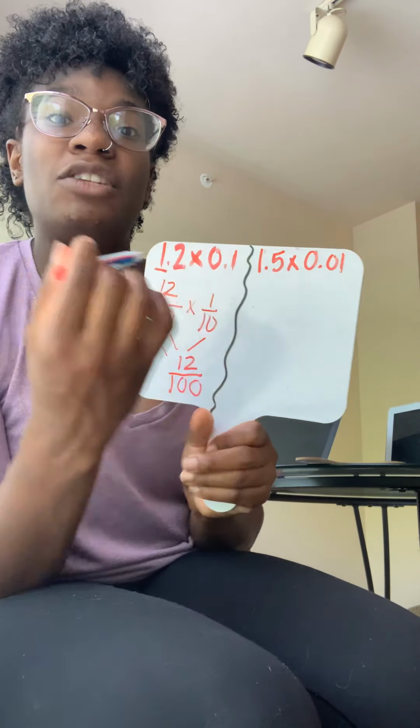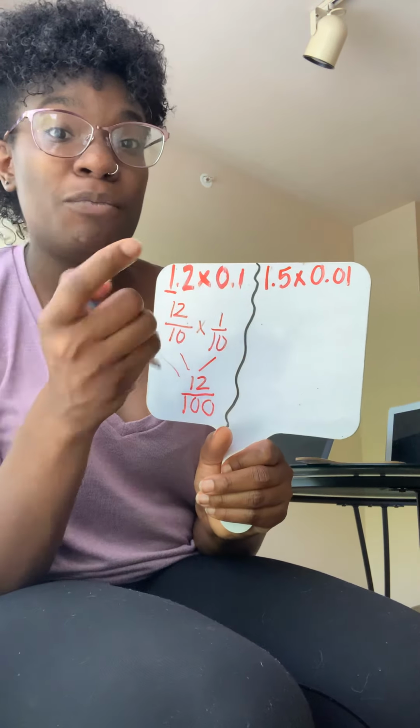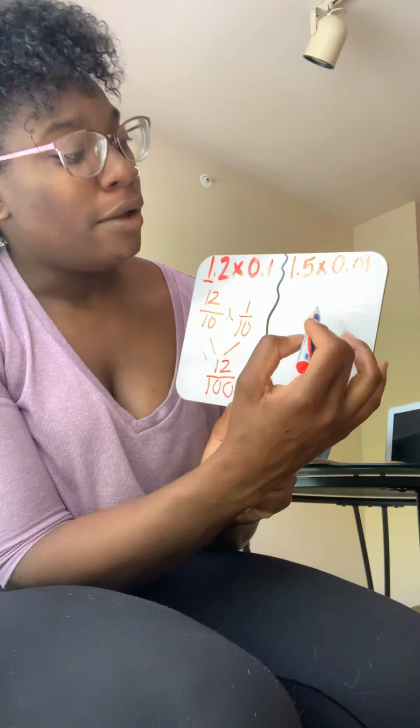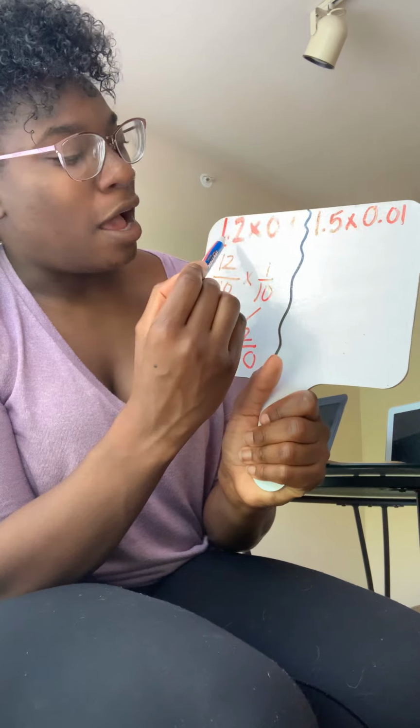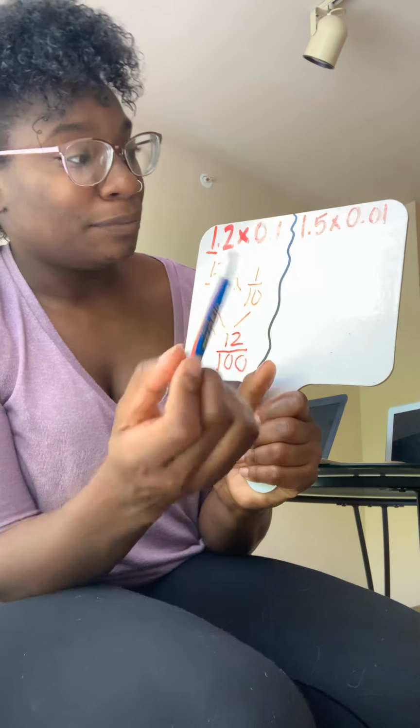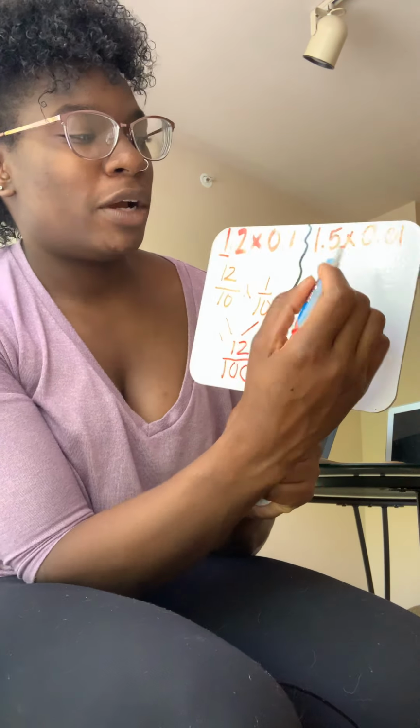So this is why I said you've got to remember that place value positioning to help you when you are converting your decimal into a fraction. All right? So we're using that same method here. We've got 1 and 5/10. So we know we're going to change this into 15/10.